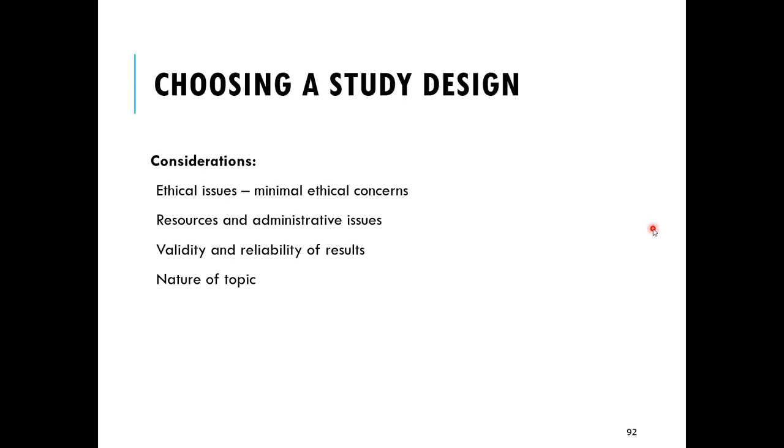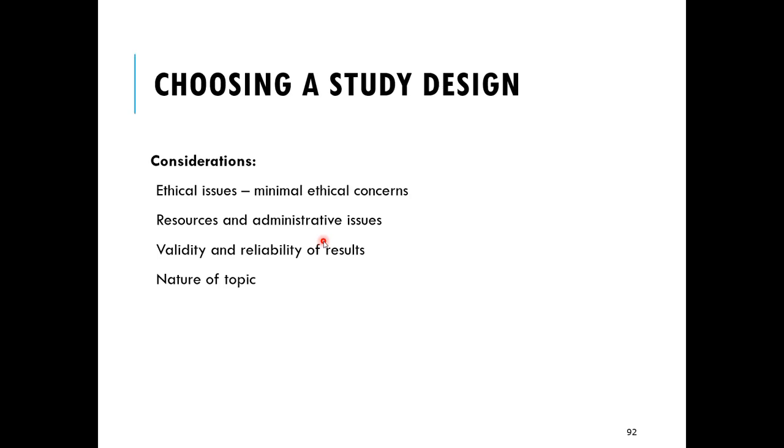You should not continue that study just to finish it, and you should take into consideration that this drug is causing harm. So ethical issues should be kept in mind. You should know what your resources are and what the administrative issues are for conducting a study design, what time period you will need, how many resources you will need, and what the time, place, and person requirements are for conducting this study design. This should be kept in mind.